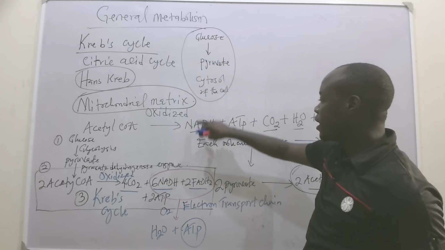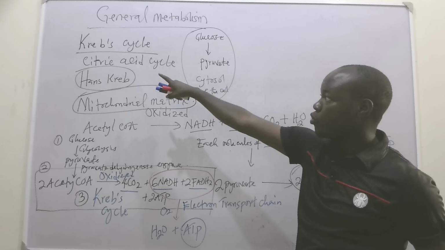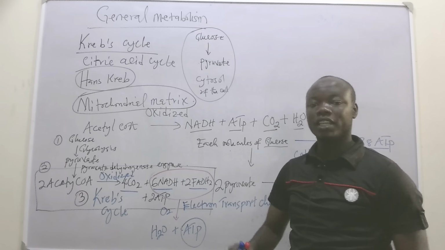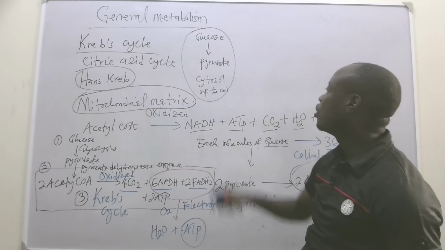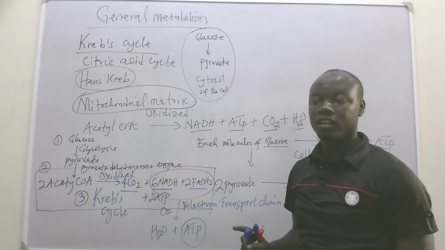So now the question is, how does pyruvate get into the mitochondrial matrix for the Krebs cycle to start? It means that there must be a transport of pyruvates to the mitochondrial matrix from the cytoplasm or from the cytosol of the cell.